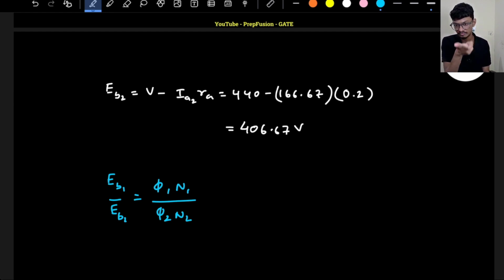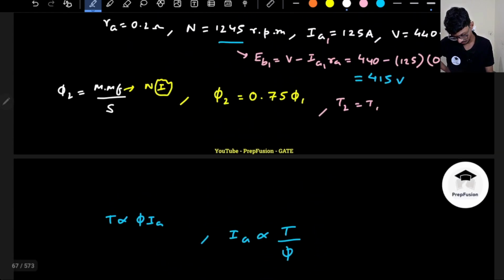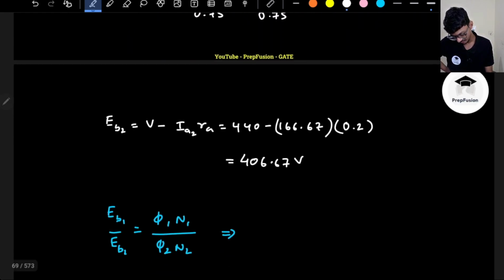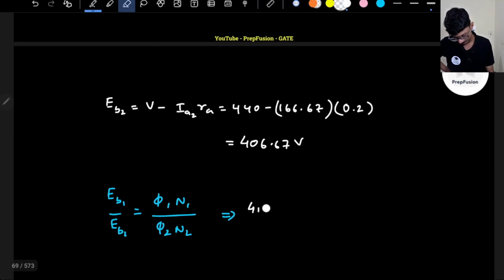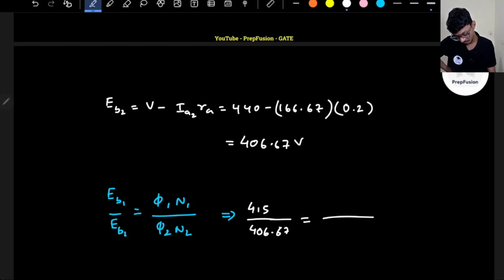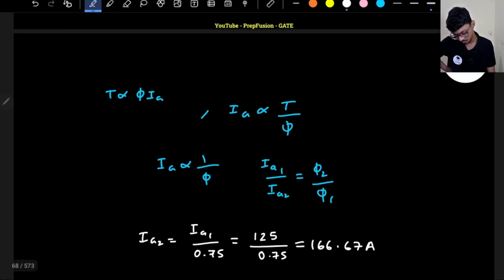The number of conductors and number of poles are fixed because they are geometrical parameters. So EB1 is 415 and EB2 is 406.67, equals to phi 1 by phi 2 times the speed ratio. So phi 1 by phi 2 is this, right?